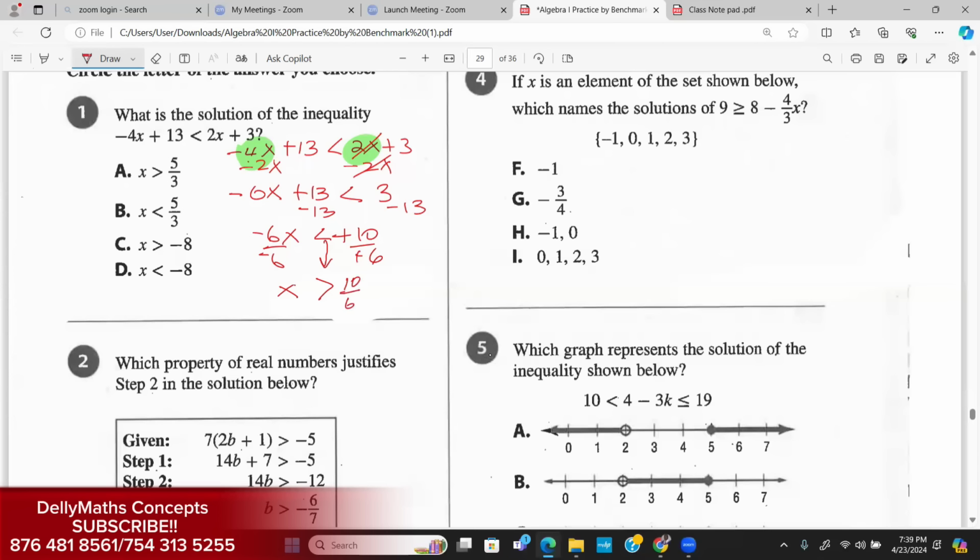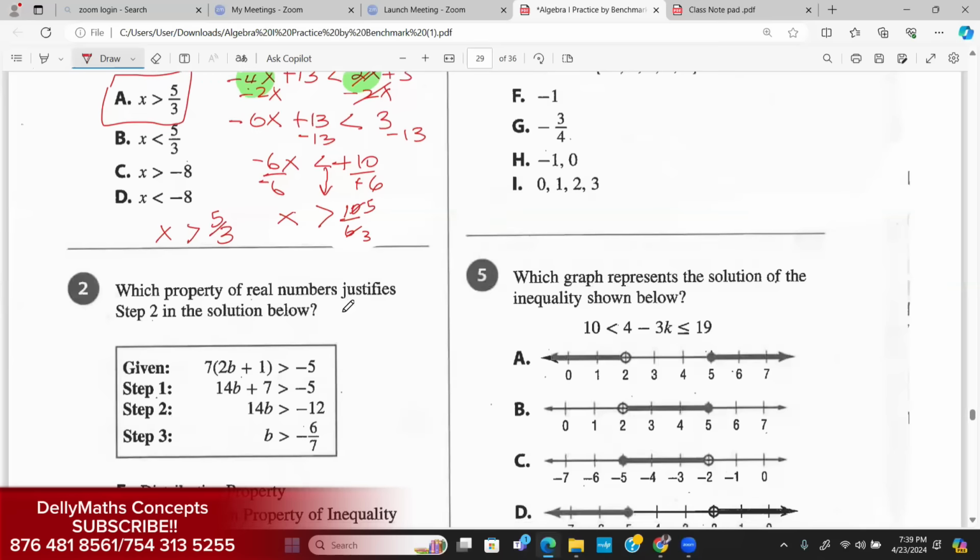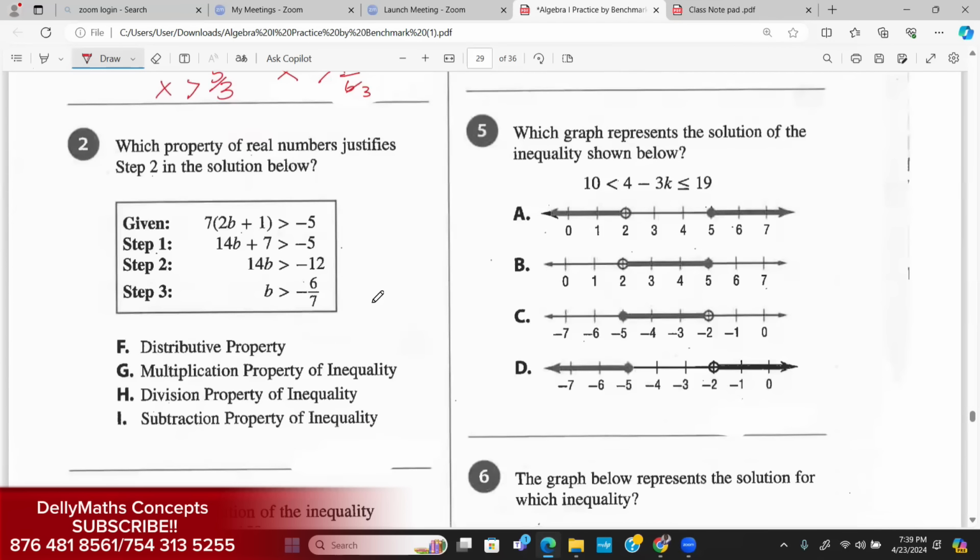Dividing throughout by 2, I get 5 over 3. So x must be greater than 5 over 3, and my answer is at A. So solving this is just like an equation, except for the few exceptions we have to look out for.